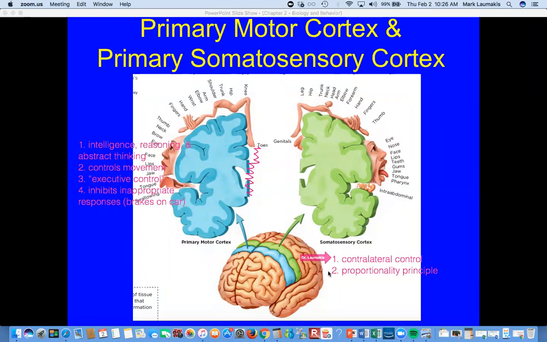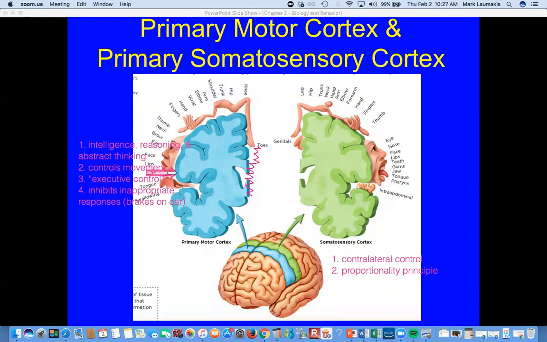There is also this proportionality principle. This is where it gets a little bit more slippery. This weird figure up above here is showing you that there is proportionally more brain space dedicated to parts of our body that we can move in more complex ways, okay?